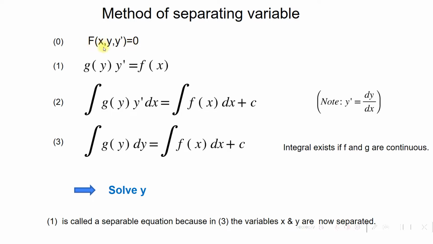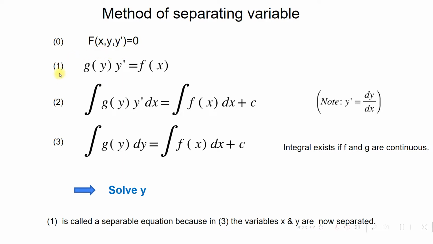Function f of x, y, and y prime equals 0 is a general form of ODE that we encounter in the real world. When I say general, it means that function f equals 0 might contain some more complicated terms than x terms and y terms, such as the product between x terms and the y terms, or the product between x terms and y prime.